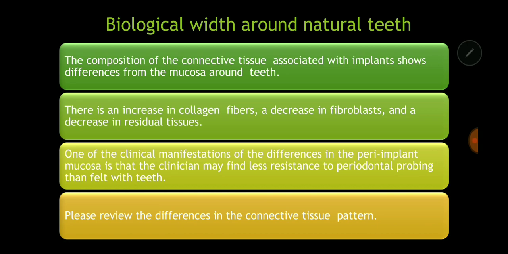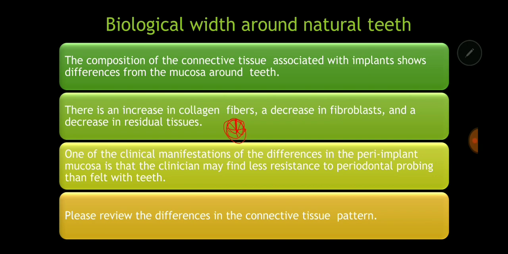So there is an increase in collagen fibers, a decrease in fibroblasts, and a decrease in residual tissues. Make sure you know that. One of the clinical manifestations of the differences in the peri-implant mucosa is that the clinician may find less resistance to perio probing.